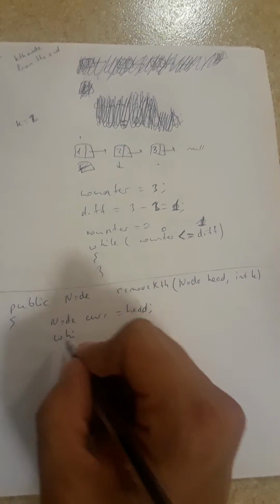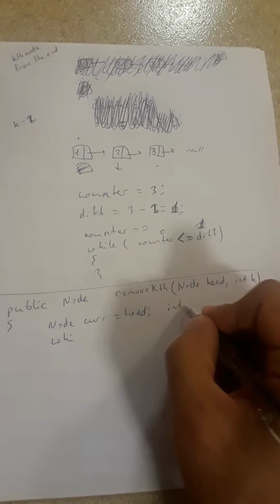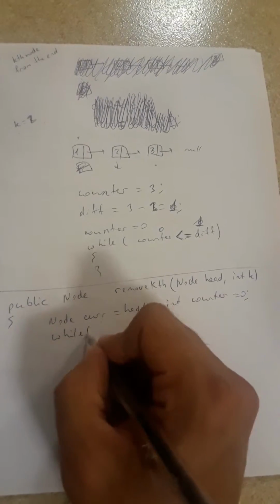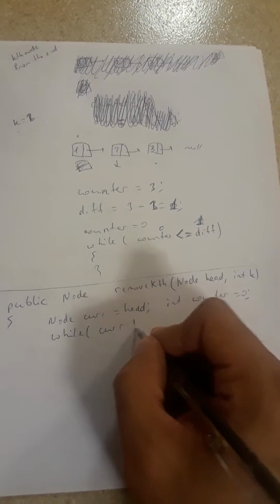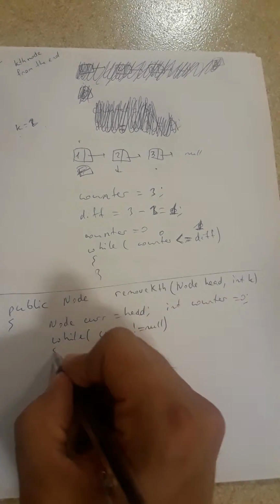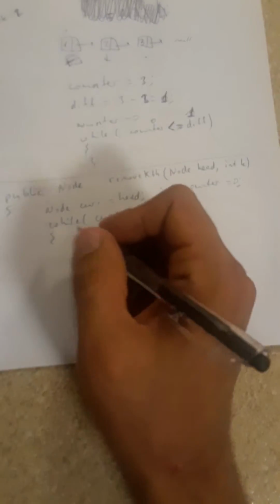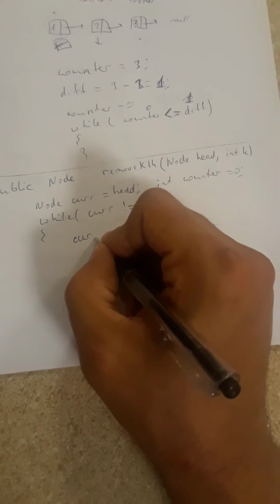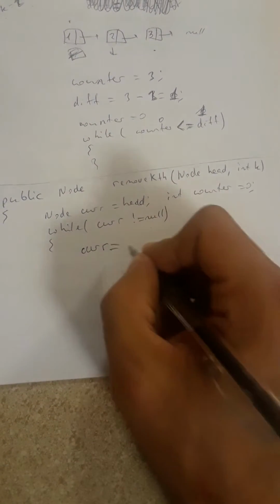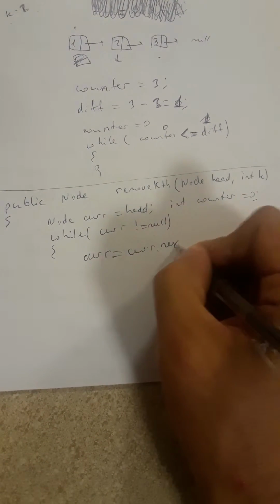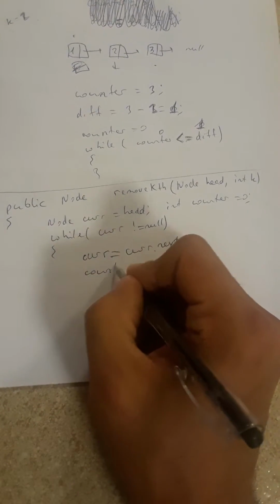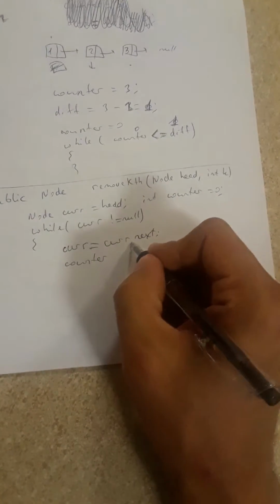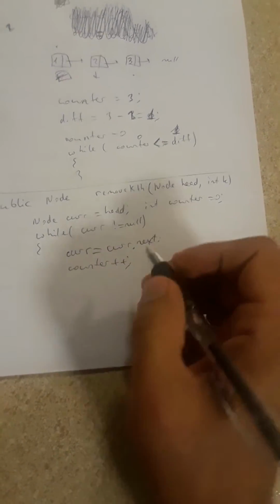After that, there will be a counter integer equal to 0. After that, we'll initialize a while loop to iterate through all nodes in the linked list. When we move to each element in the linked list, we'll increment our counter.